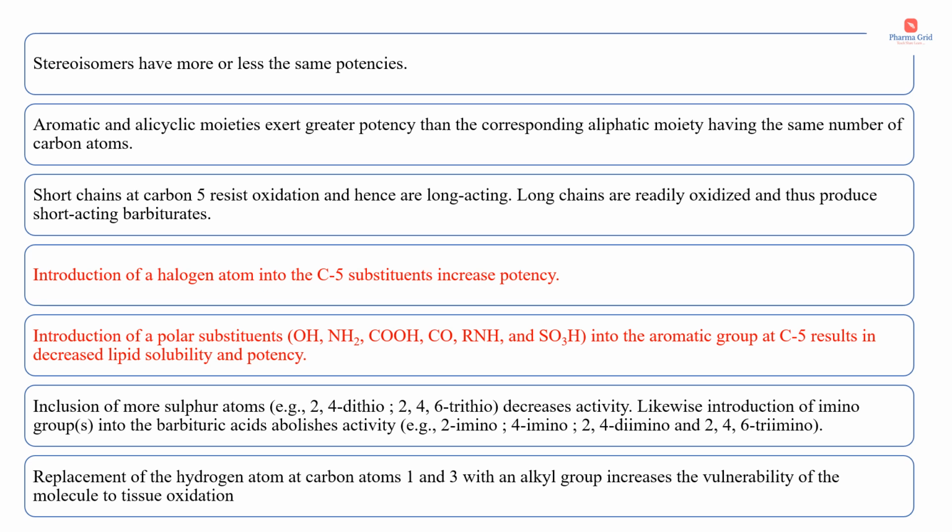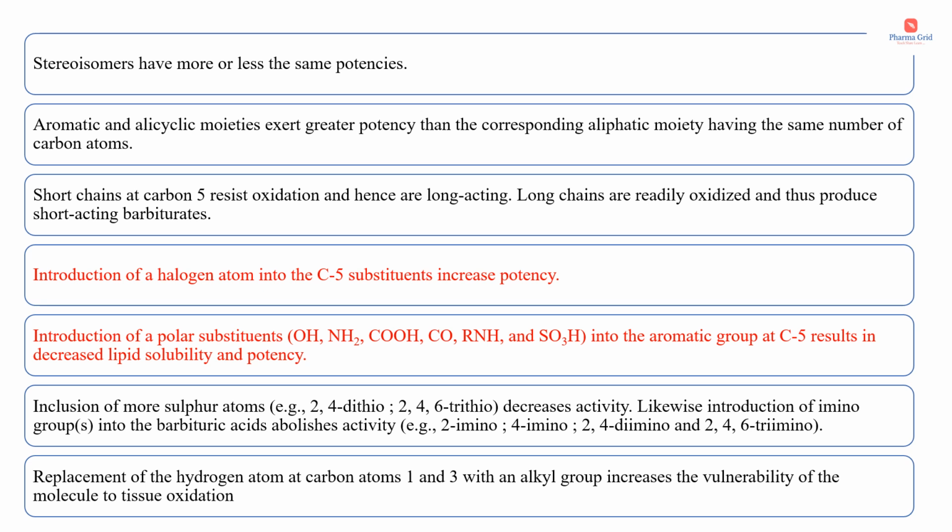Then introduction of a halogen atom into the C5 substituents increases the potency, whereas introduction of polar substituents, for example OH, NH2, COOH, CO, RNH and SO3H, into the aromatic group at C5 results in decreased lipid solubility and potency. Inclusion of more sulfur atoms, for example 2,4-dithio, 2,4,6-trithio, decreases the activity.